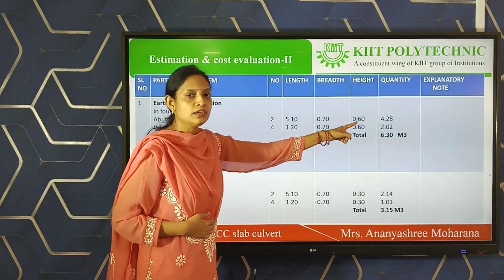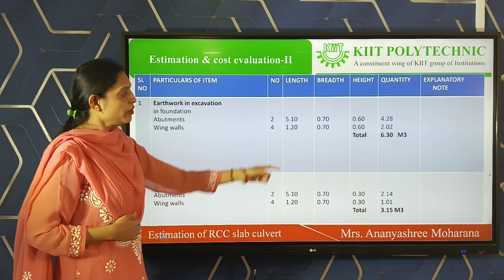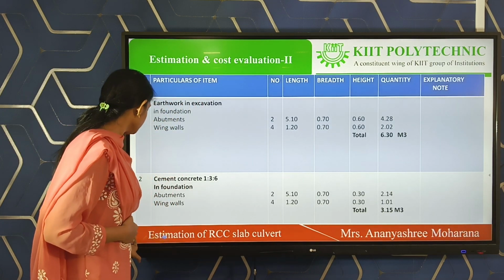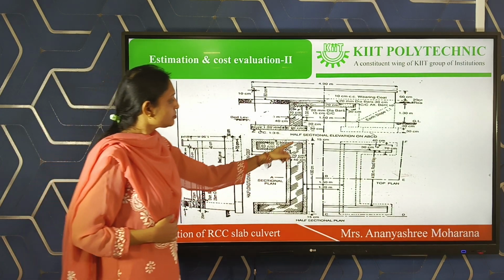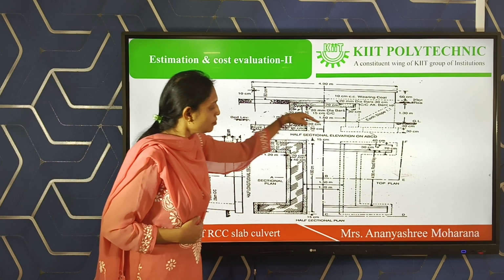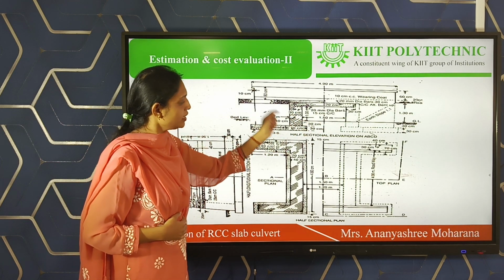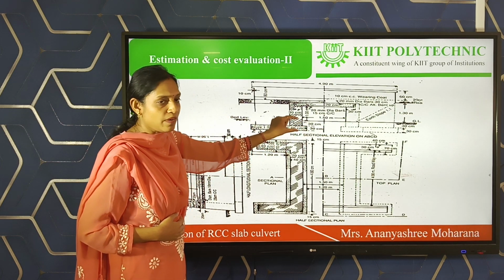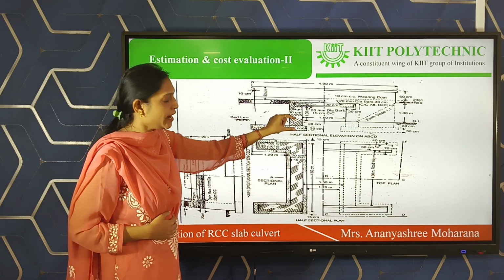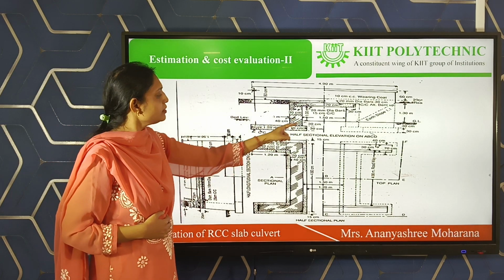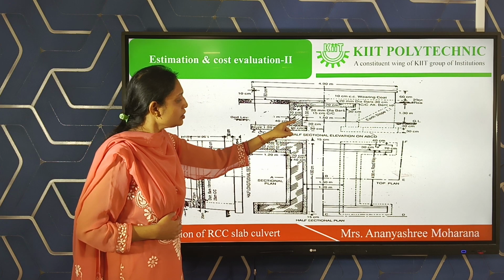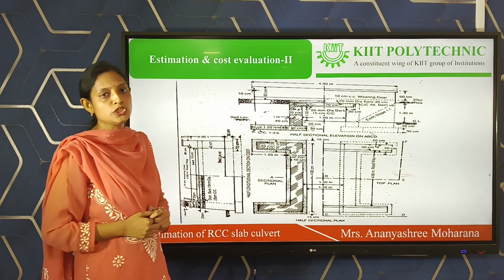Similarly, height you have to take from the ground level, 0.6 here taken. You can see here, this is the ground level. From the ground level we have to excavate. That means the rest of the foundation part below ground level, how much height it covers, that height we have to take. That is 0.3 below ground level, that is brickwork. Then concrete work is 0.3.